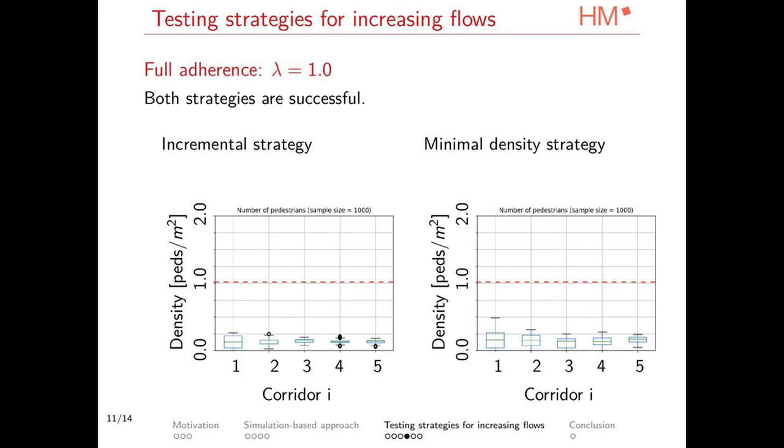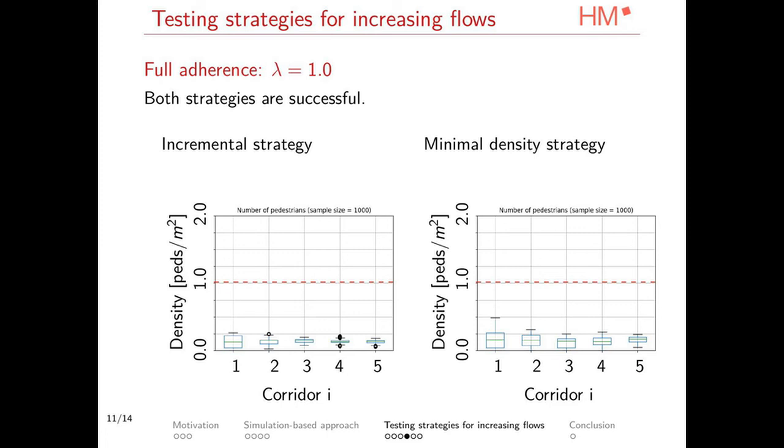And we can also observe this in the density distributions. Okay, so first, both strategies are successful. As you may remember, the densities in corridor 1 exceeded the red threshold line. Now the densities look similar in every corridor. This is the same for the incremental strategy on the left and the minimal density strategy on the right.